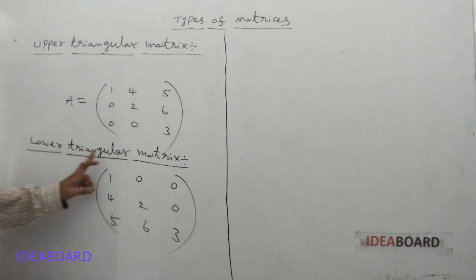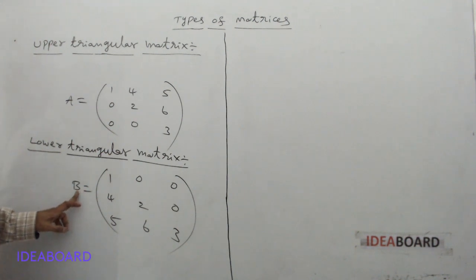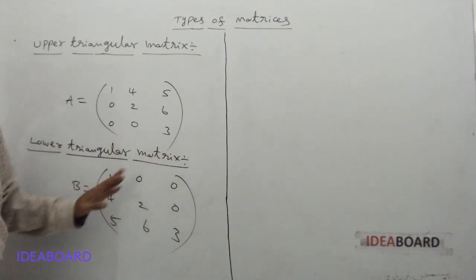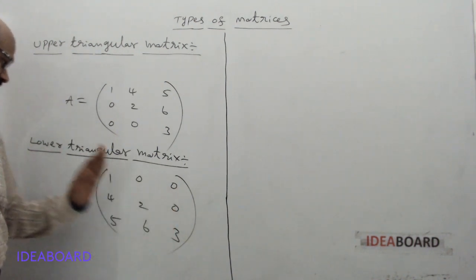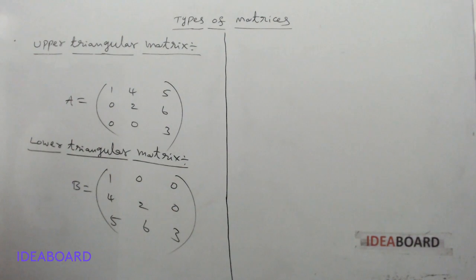The definition of lower triangular matrix is a square matrix in which the elements above the leading diagonal are equal to 0.